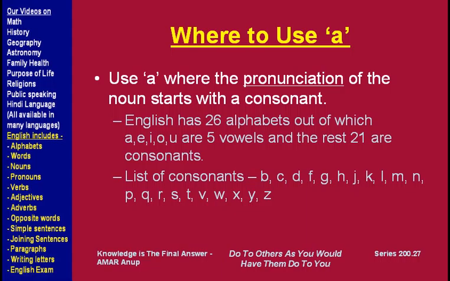The remaining 21 alphabets are consonants: B, C, D, F, G, H, J, K, L, M, N, P, Q, R, S, T, V, W, X, Y and Z. Some people call it Zee, some people call it Zed.